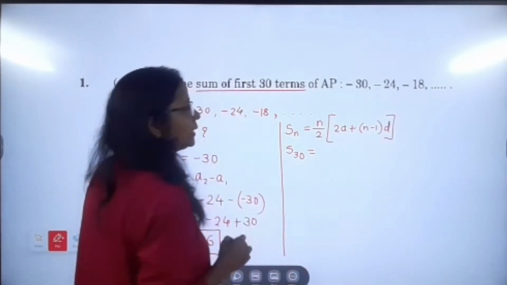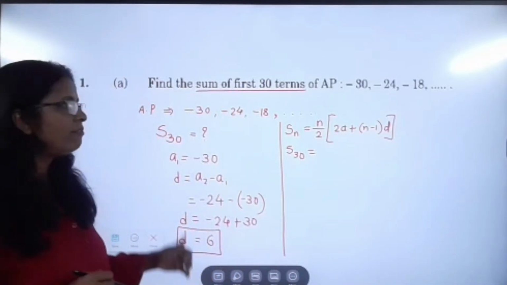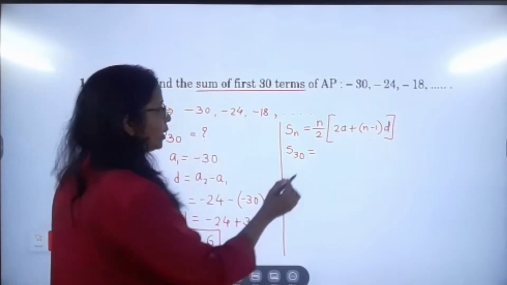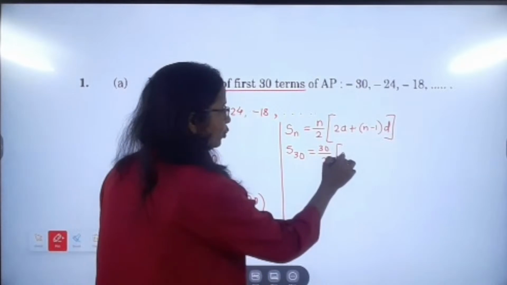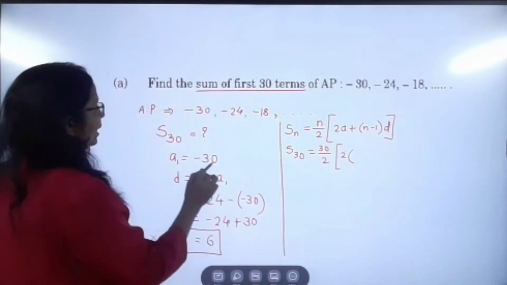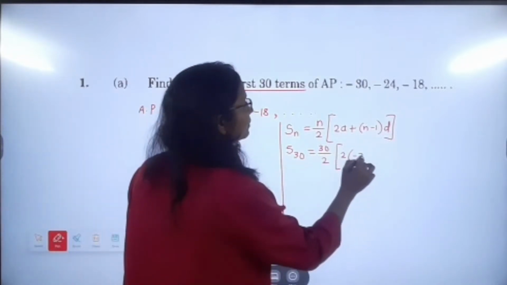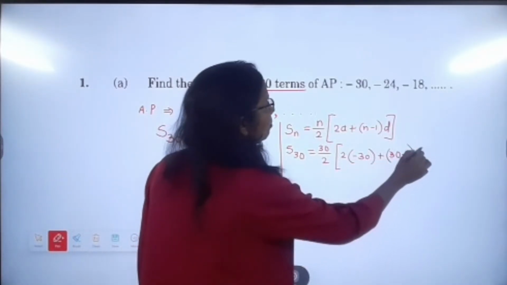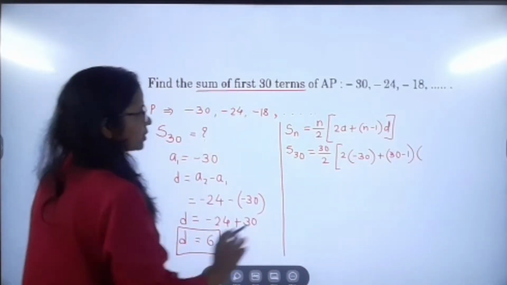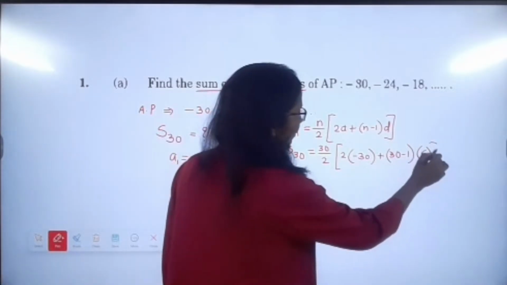Then substituting the given values in this formula, n is 30, so 30 upon 2 times the bracket 2 multiply minus 30 plus 30 minus 1 multiply 6.